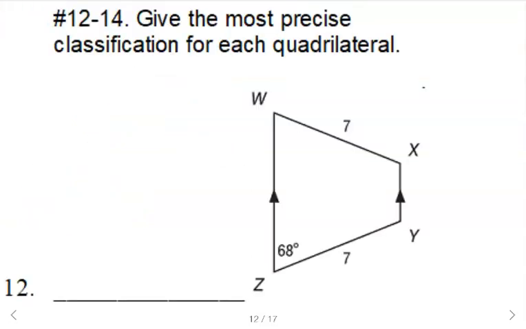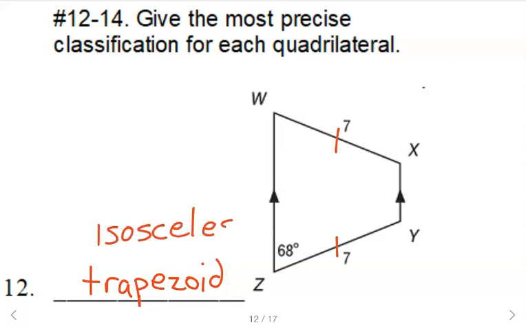Most precise classification is what we're looking for. Well, we have exactly one pair of parallel sides, so it is a trapezoid. If the legs are congruent, then it's also an isosceles trapezoid. So the most specific answer we can come up with on this one is isosceles trapezoid.